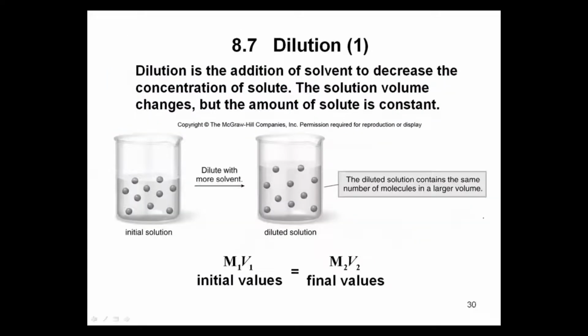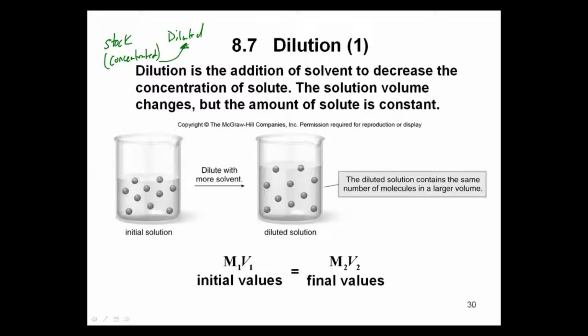So the next very common thing that is done with solutions in terms of concentration is a process that's known as dilution. And in a process known as dilution, essentially we're going from what is sometimes referred to as a stock solution to a diluted solution. And really a stock solution is a more concentrated solution down to a diluted solution.